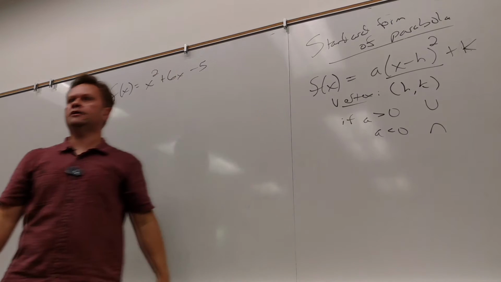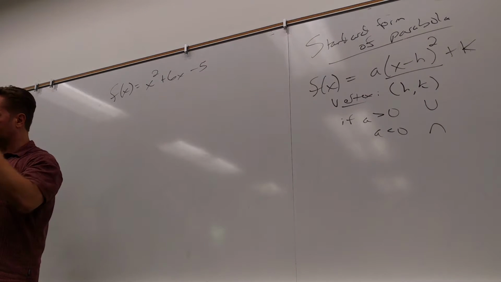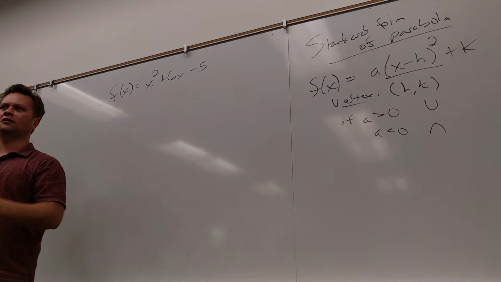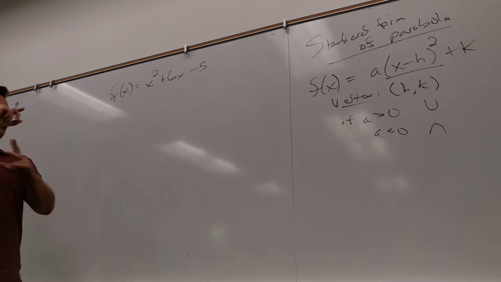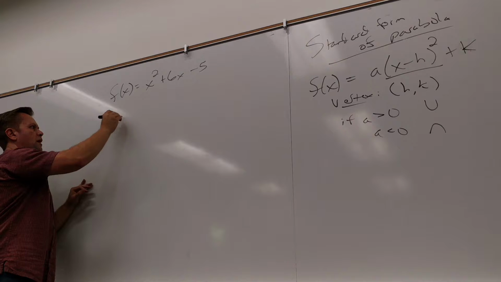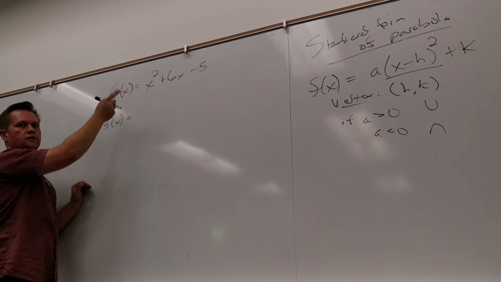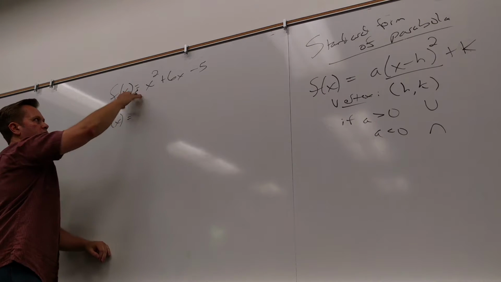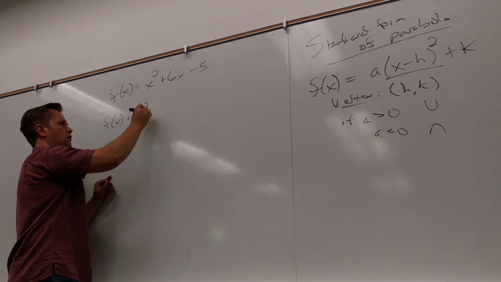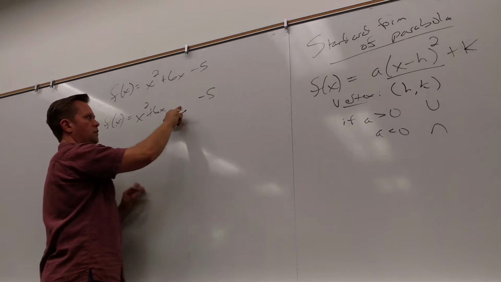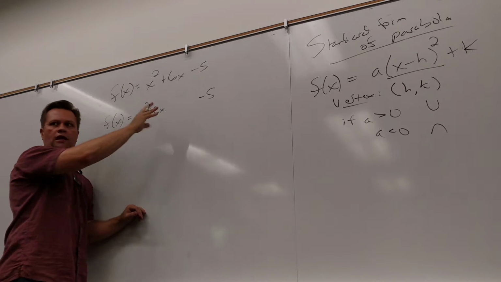So I have a process that will help me complete the square. So watch. Now here's the bad part about this. There's not really two sides to this. There's a function, and it is this. There aren't two sides. So what does that mean for me? I gotta move the 5 over there. Make some room. It's the same old process though.